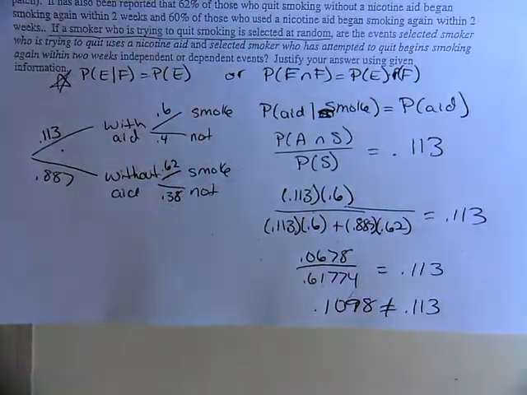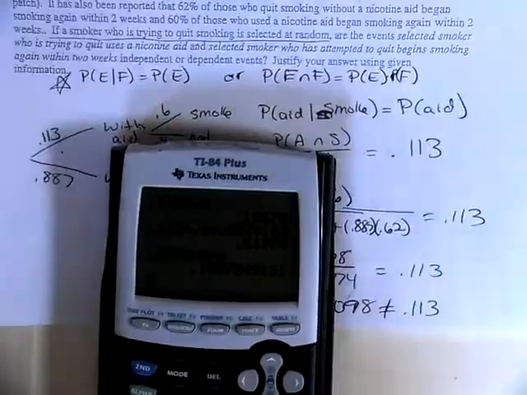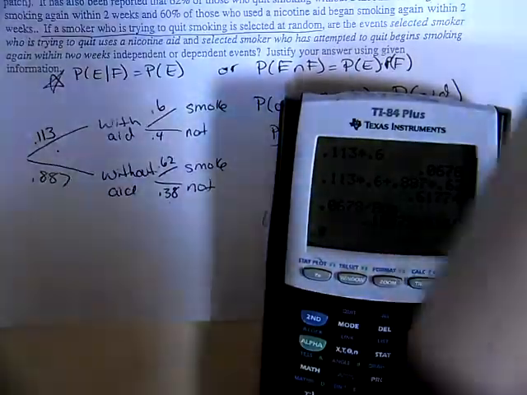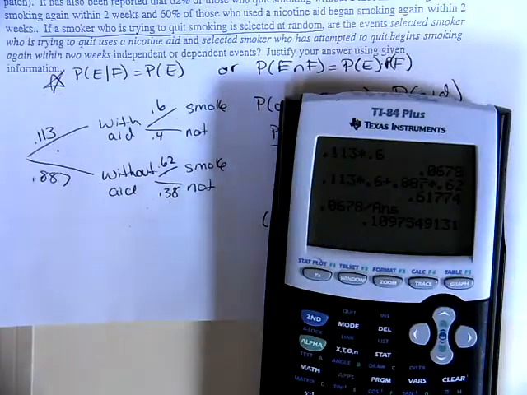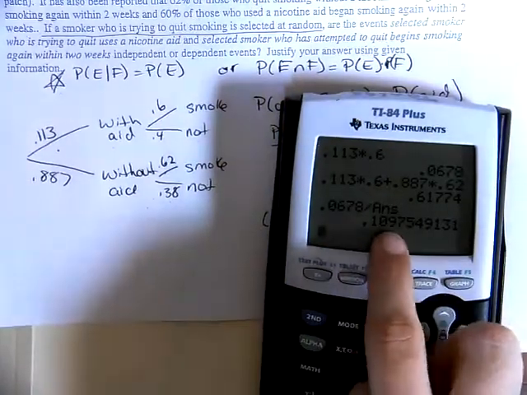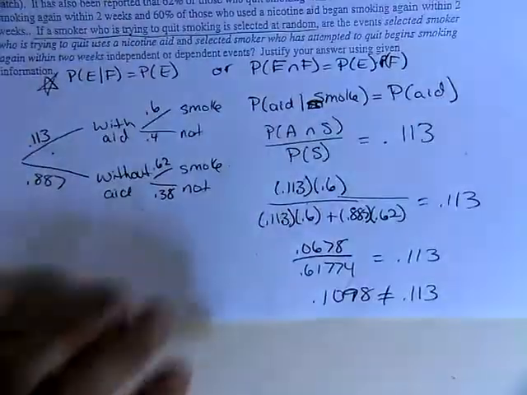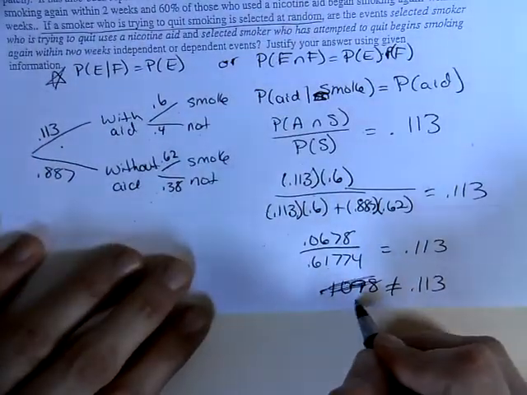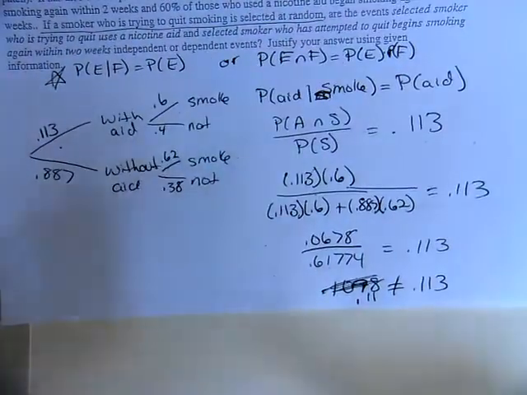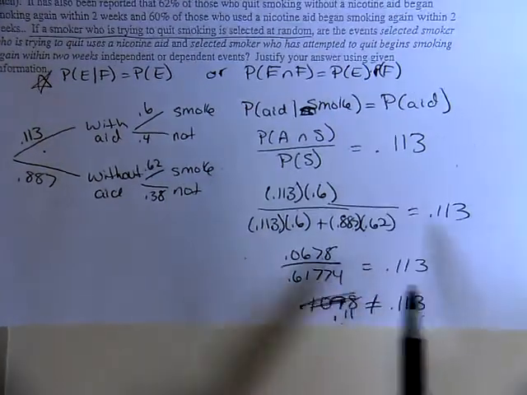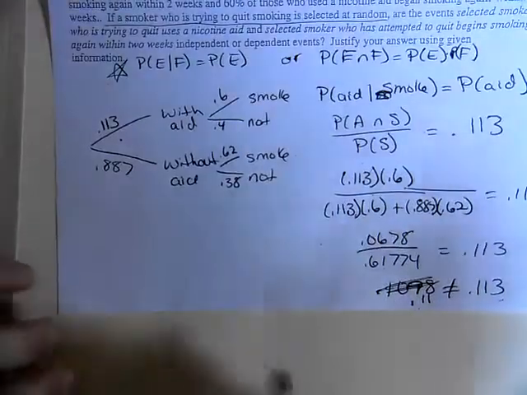Oh, wait, I did that wrong. Oh, no, I didn't. I rounded wrong. Let's look at the numbers here real quick. When I round, this is 10.9%. So I should round up, right? So 11%. Now, 11% to 11.3% is close. Again, this is the one case where we're using a sample.